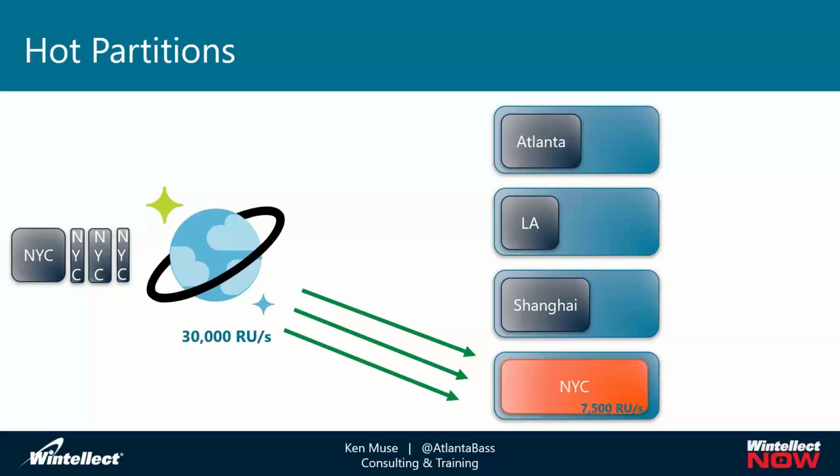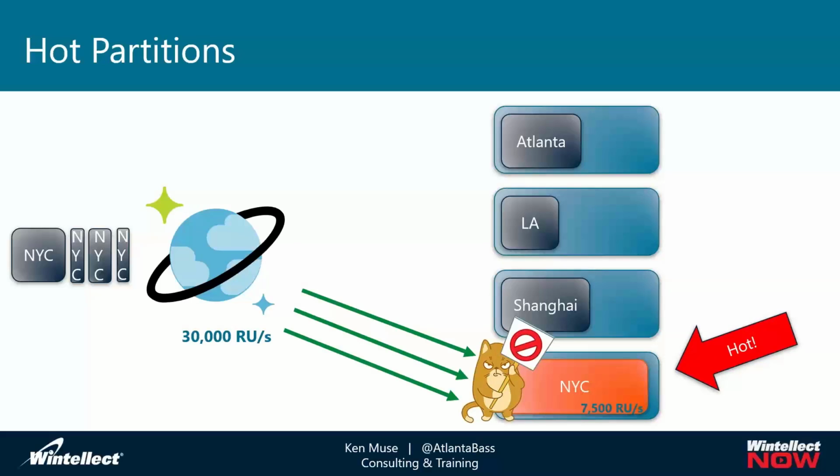As a result, all of the work is being done in one partition, and the other three are largely sitting idle. We call this a hot partition. Hot partitions will hit your throughput and storage limits very quickly because they're taking on all the load. And so that's the other key concept in thinking about a partition. I don't want everything to hit a single partition based on my key.